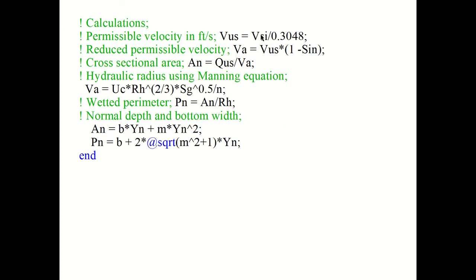So there's the conversion, allowable velocity, the area, hydraulic radius, and then you can see the wetted perimeter is the area divided by the hydraulic radius, and then you can get the normal depth and the wetted perimeter in this equation, which would then give you the solution of the normal depth and the bottom width.